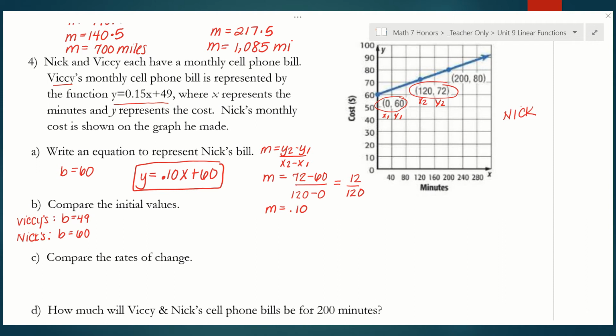Well, it means that that is your initial fee on your plan. So no matter what, you're paying that amount of money up front before you even start using minutes on your phone. Okay, so I'm going to say to compare them, Nick's monthly fee is higher.